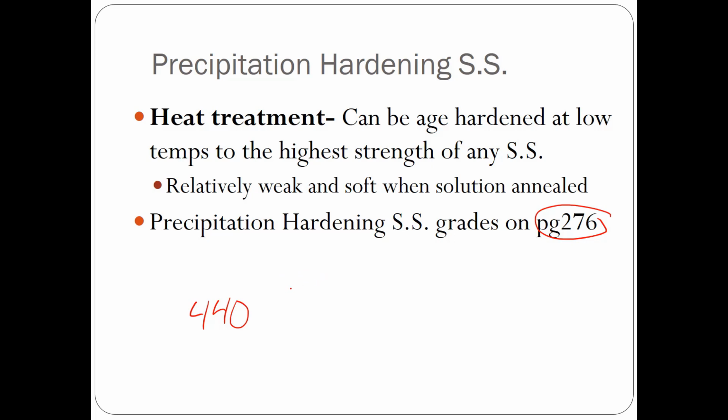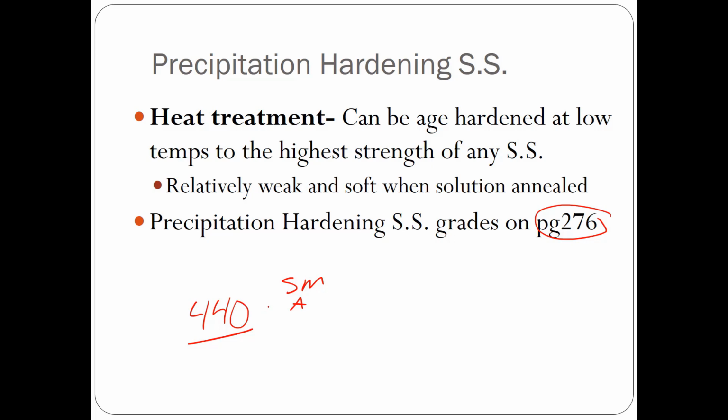I'm going to ask some questions about that. I'm going to ask maybe what is its strengthening mechanism, how do we anneal it, can we heat treat it, what alloy group is it. Like 440 is a martensitic. I happen to know that one off the top of my head.